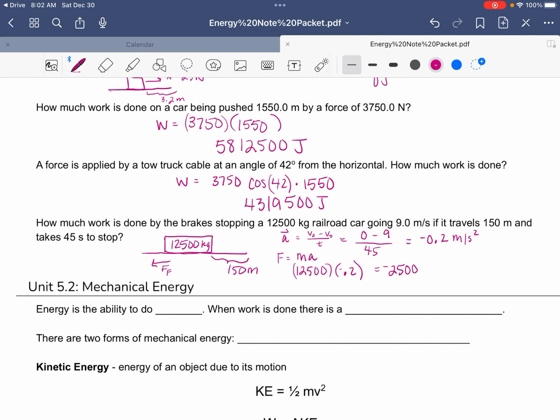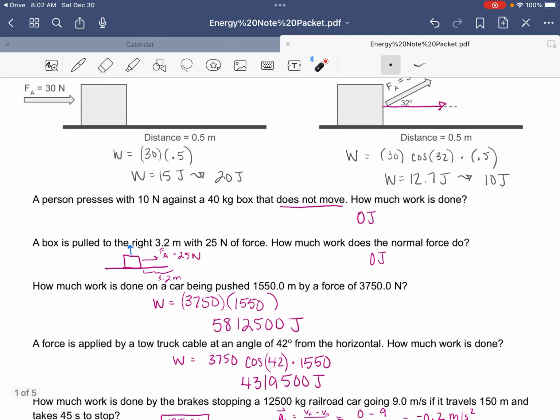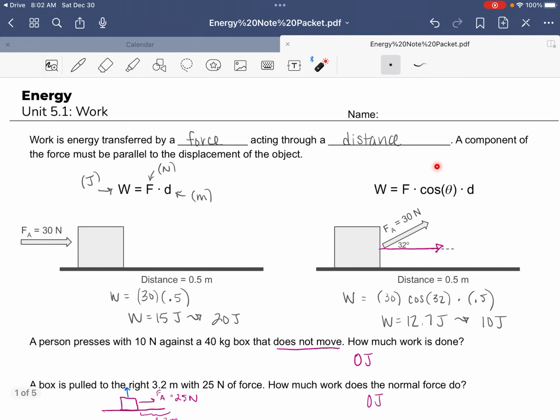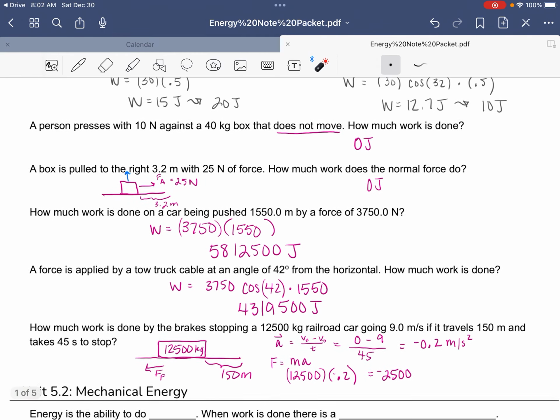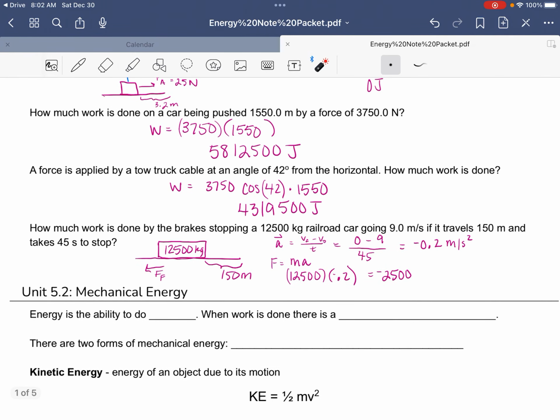Okay, so when I plug this into my work, here we've already established that our force of friction is in the negative direction, or we could have used the other equation if we just took the absolute value of this and then plugged it into this equation up here, and we would state that it is 180 degrees from the direction of the displacement.